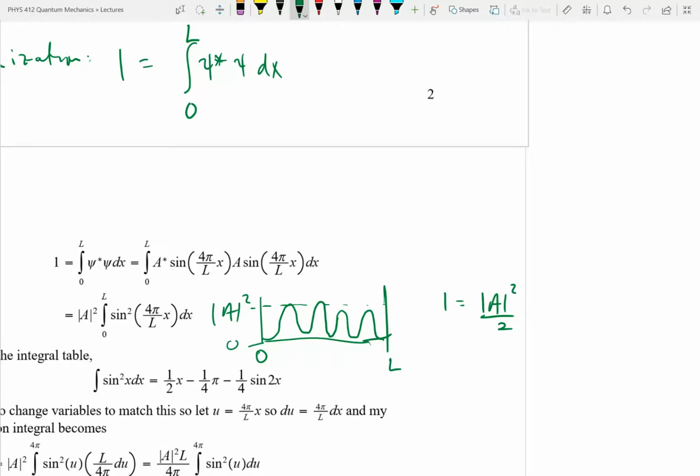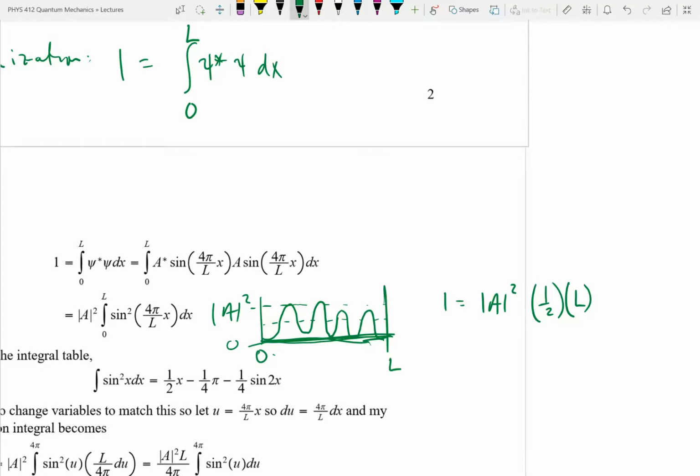And there's one more thing that we have to keep in mind. When you're doing the integral, you're multiplying by the delta x, so it's times L. Or to make it complete with my graphical integration, average value of 1/2 times width L. Height times width.